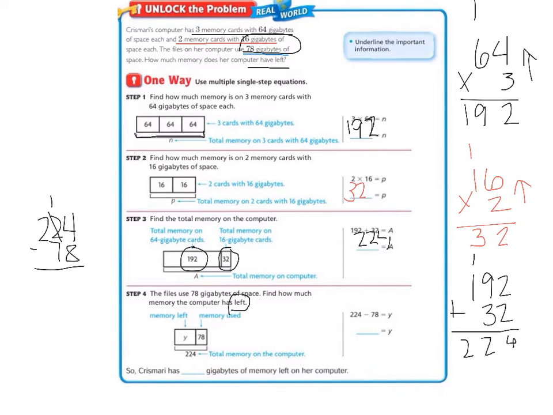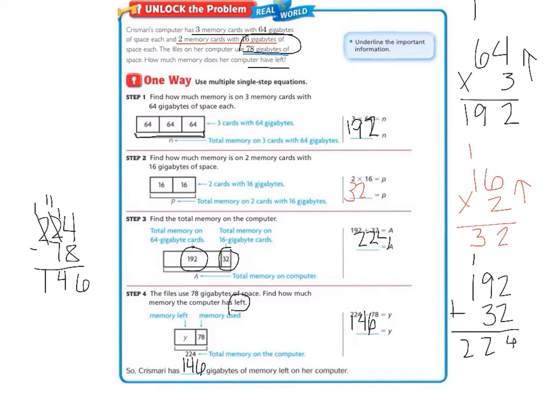This becomes a 1, and I move over a 1, which gives me 14. 14 minus 8 is 6. 1 minus 7 I can't do, so I have to borrow again. This becomes a 1, and I have 11. 11 minus 7 is 4, and then drop down the 1. So the difference is 146. So on Chris Mary's computer, she has 146 gigabytes of memory left over.